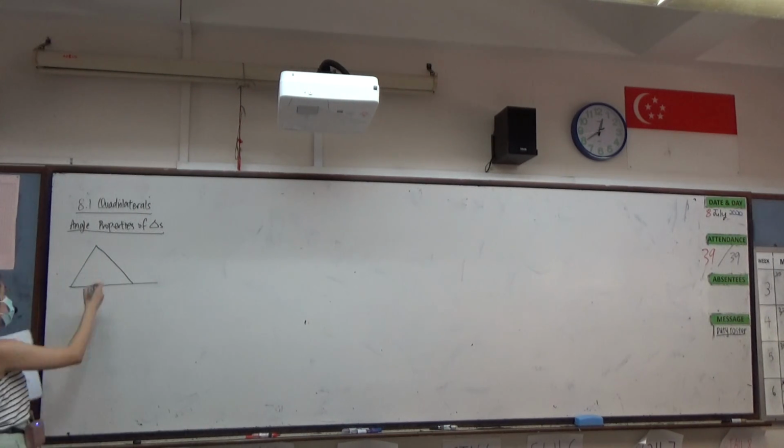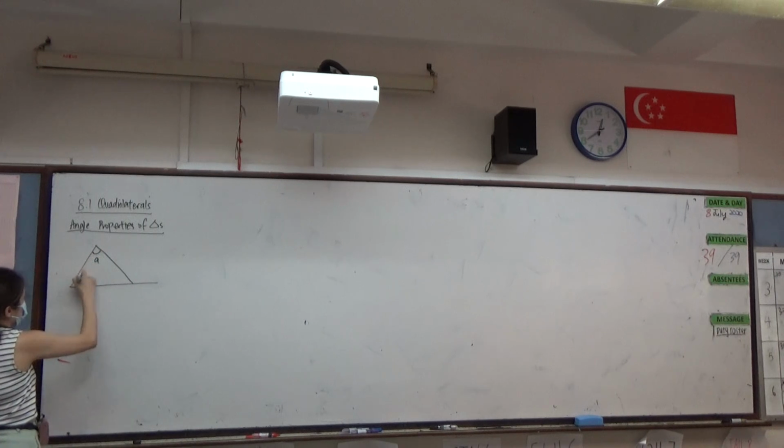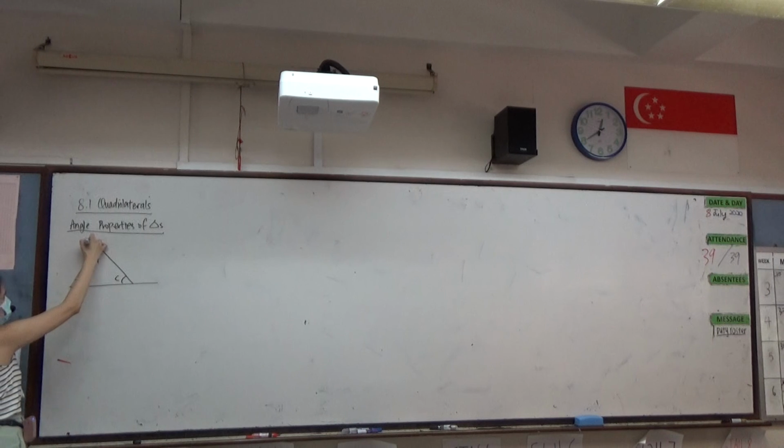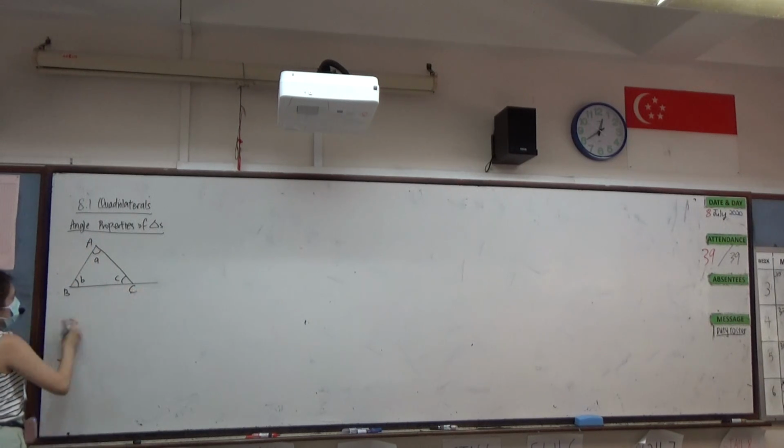Okay, we have our angle sum of triangle. In a triangle, let's say this is a triangle ABC, and the angles are A, B, C, we know that A plus B plus C will be 180 degrees.